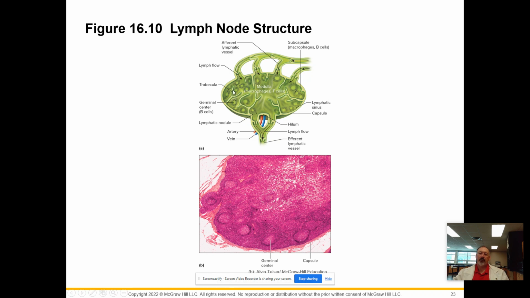Once in the lymph node, you're going to have the trabeculae, the germinal center for the B cells, the lymphatic sinus. Around the outside, they're going to call that the capsule. Remember, these are encapsulated. Here's the hilum, and you have the overall net flow moving out of this towards the efferent lymphatic vessel.